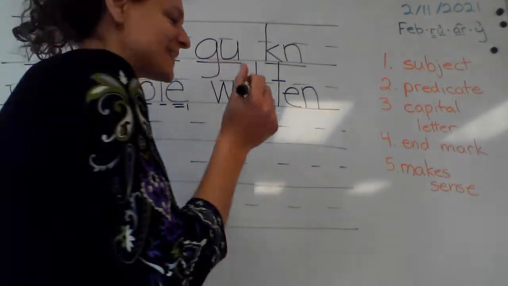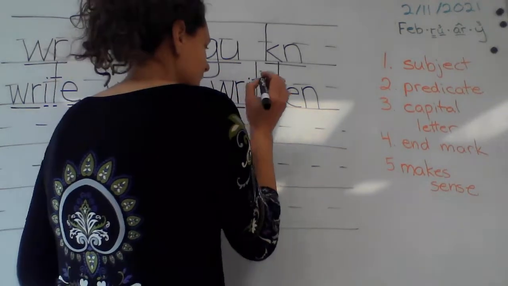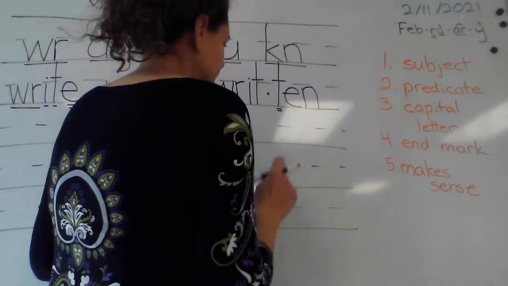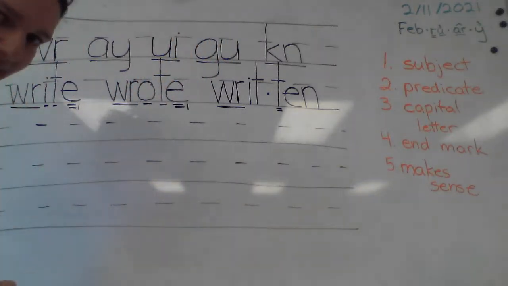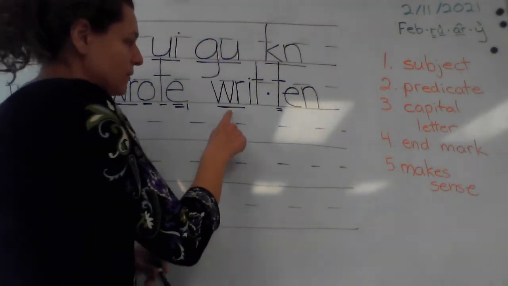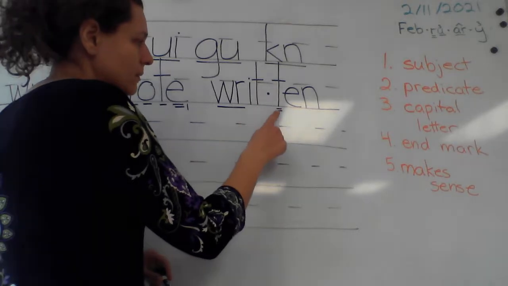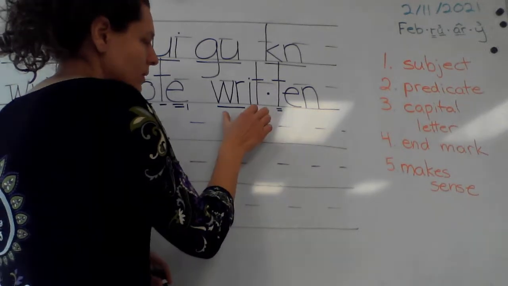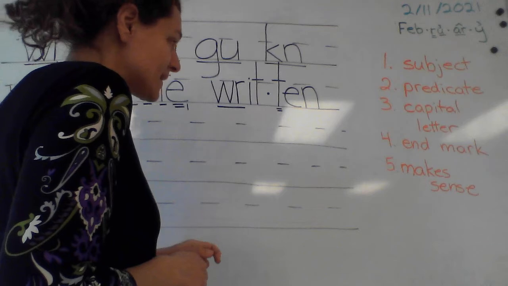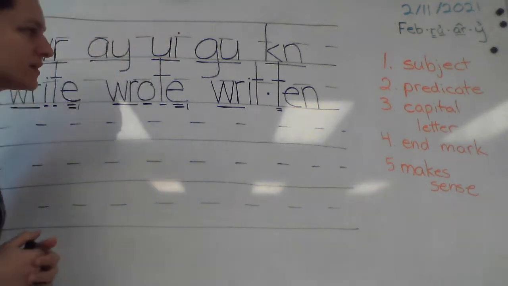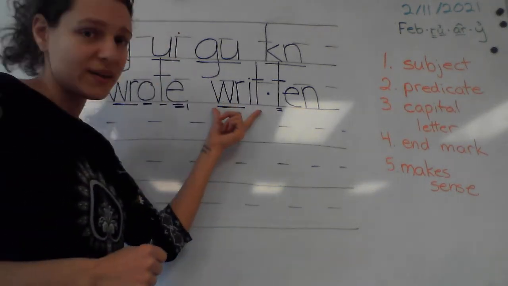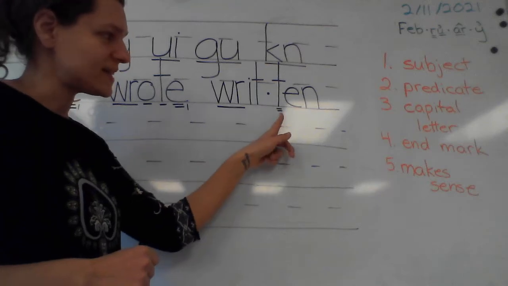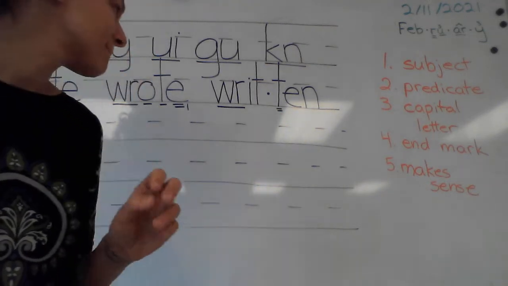All right, pick up your pencil. All right, let's read our word. Good, written. Right. So we need to remember this is our base word. It's a 1-1-1 word. We need to double that last consonant.